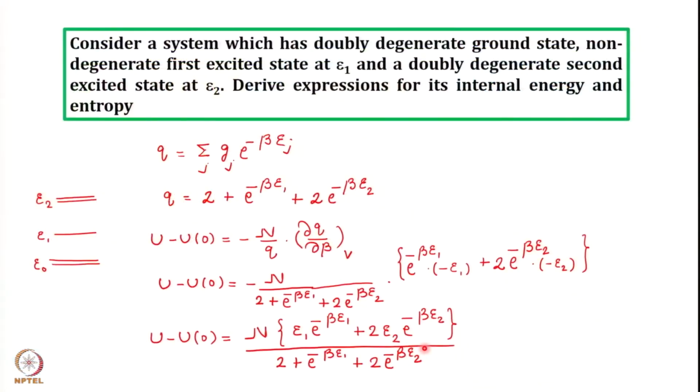And you can have an expression of heat capacity as a function of beta or as a function of temperature, which is also going to be a relatively complex function. But the question that we are supposed to solve is to derive expressions for internal energy and entropy. We have the expression for internal energy.